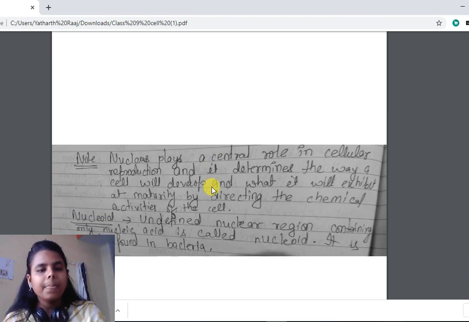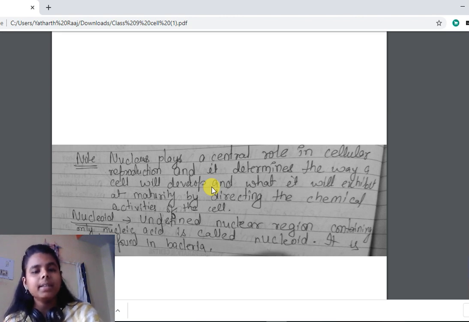So now about the nucleus, what is the importance of the nucleus? The nucleus plays a central role in cellular reproduction because it contains the genetic material, hereditary material, that is chromosomes. It helps in reproduction. It determines the way a cell will develop. How the development of the cell takes place is also determined by the nucleus because it is the central part of the cell, and it acts as the brain of the cell.